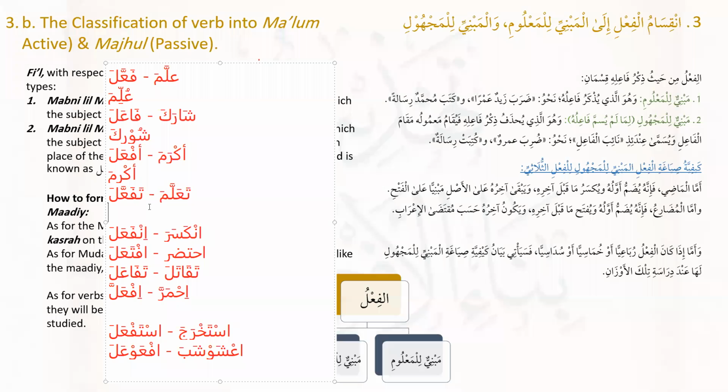Instead of saying تعلم, they also put a ضمة on the عين. And this is why this is an exception to the rule, or sort of an exception to the rule. According to the principle, it should have been تعلم, but that would be confused with something else. So they had to put the ضمة.